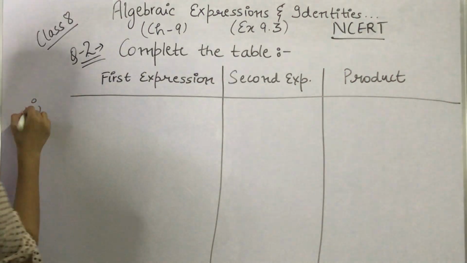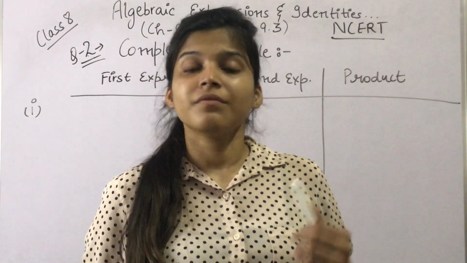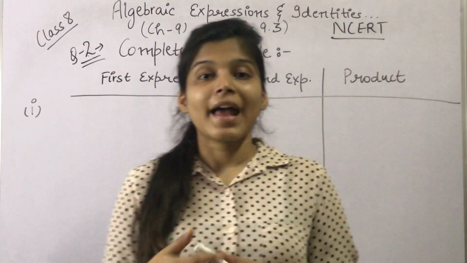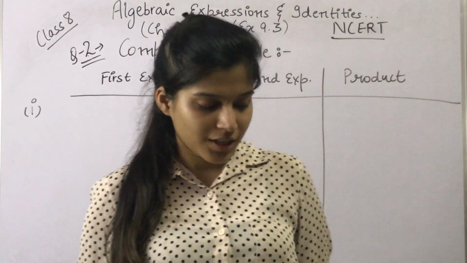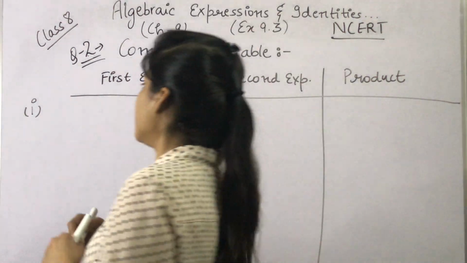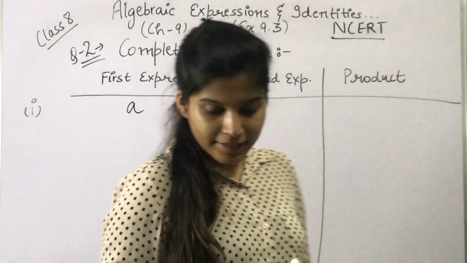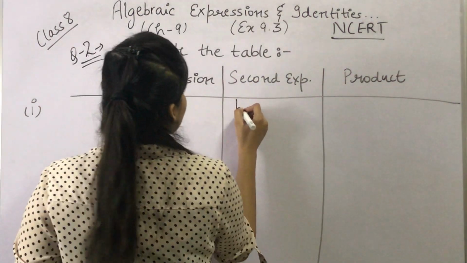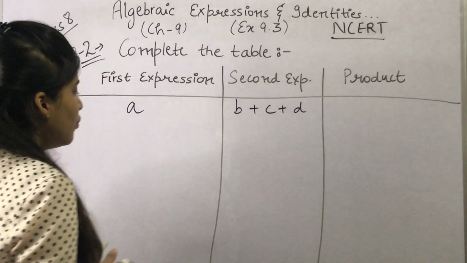Okay, so in this table we are given the first expression, we are given the second expression, and at the end we have to write the product. Okay, so our first expression is a, and our second expression is b plus c plus d.